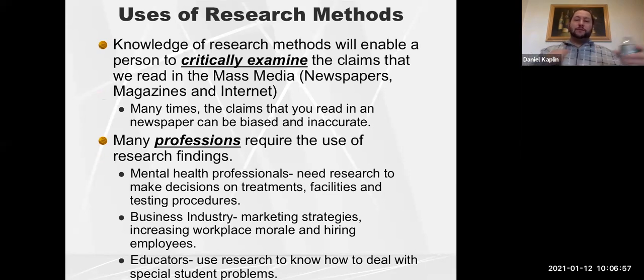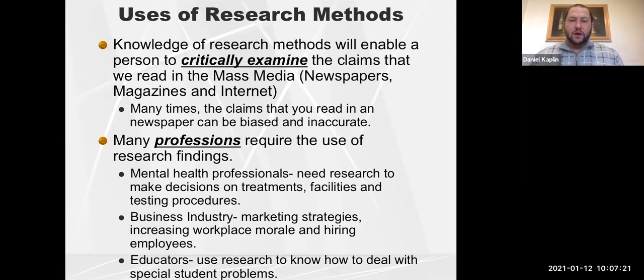The first purpose or use of research methods is to allow you to critically examine the claims made in mass media, such as newspapers, magazines, internet. And what you will discover is that many times the claims that you read in a newspaper are either biased or inaccurate.